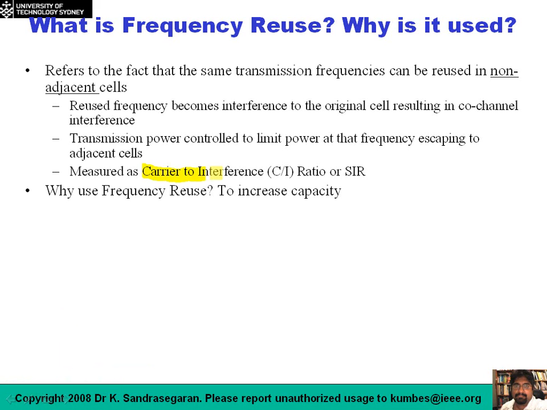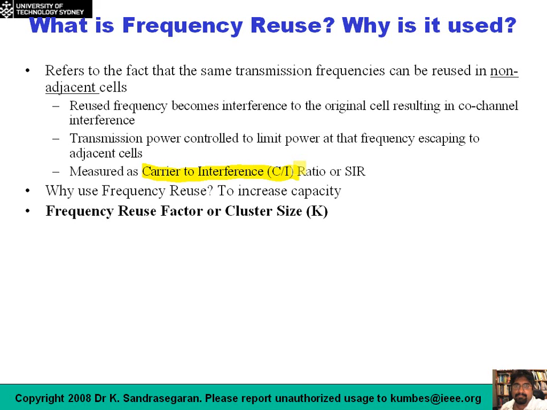Remember, carrier to interference ratio is used to express the relationship between the carrier signal and the interfering signal. The interfering signal refers to the one at which the frequency is being reused. So why are we doing frequency reuse? The main reason is to increase the capacity of a cellular network.